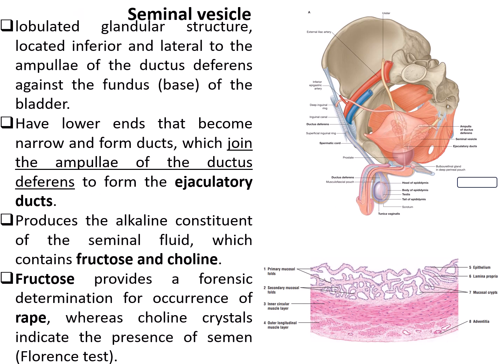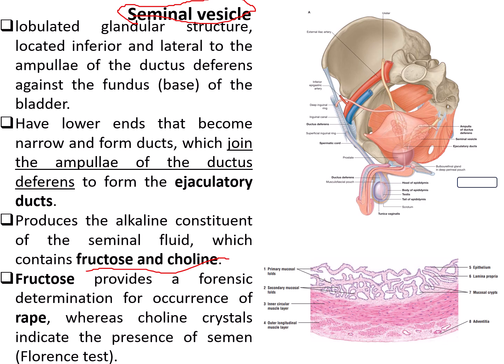The seminal vesicle here is a gland which is also important for the nourishment of the sperm. It produces fructose and choline, and it has alkaline secretions. The seminal vesicle, as you see, is lateral to the vas deferens, and it's located between the bladder base or fundus and the rectum.